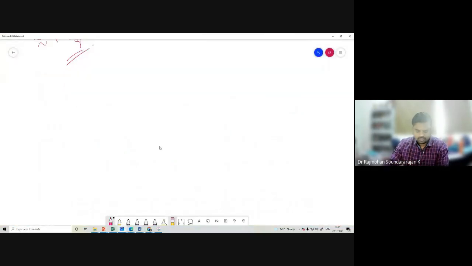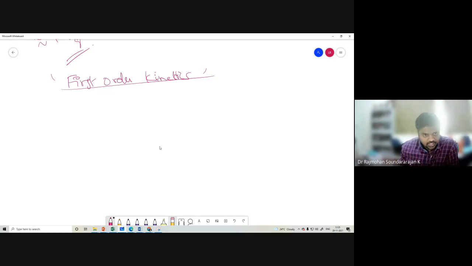Yeah. So we have seen that it is assumed to be first order, right? First order kinetics is followed in the death rate. So if you want to follow the first order kinetics, we are talking about the destruction kinetics.